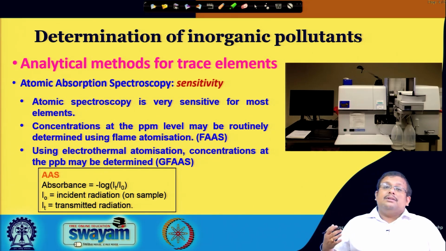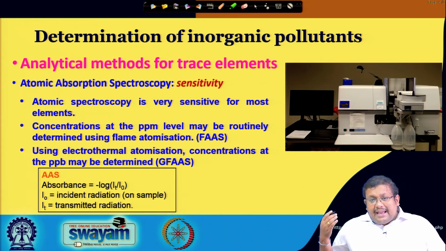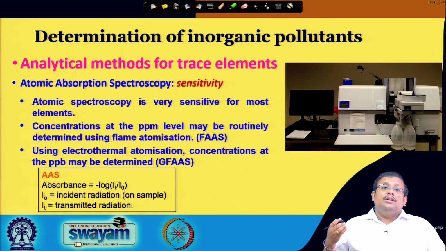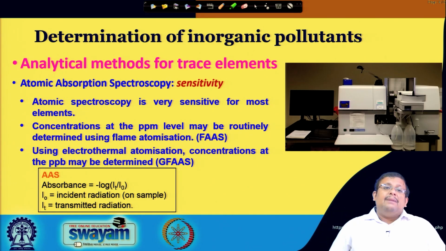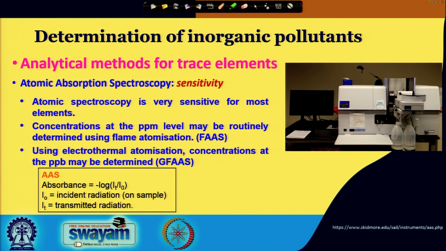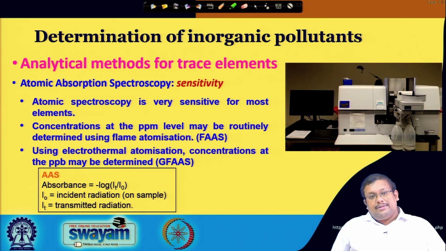Depending on the level of detection we want: if we are interested in the ppm level, flame AAS is okay. However, if you want to go to the ppb level, you have to use electrothermal atomization, given by a graphite furnace. That is why this instrument is known as GFAAS, or graphite furnace atomic absorption spectroscopy.